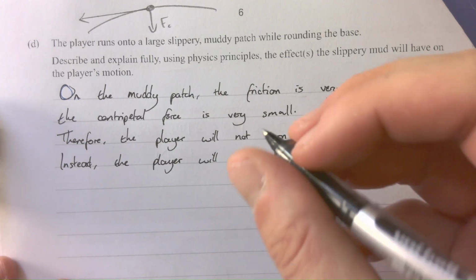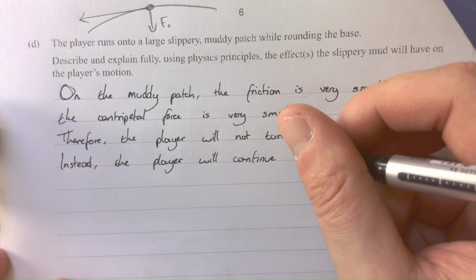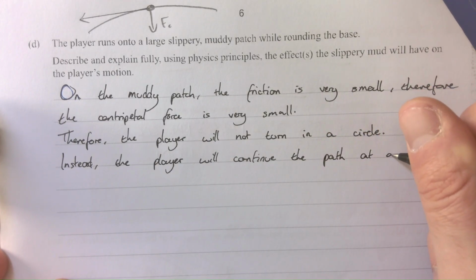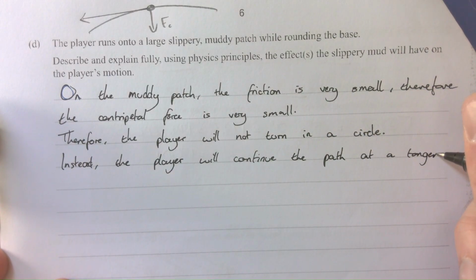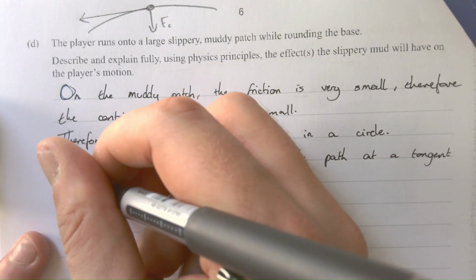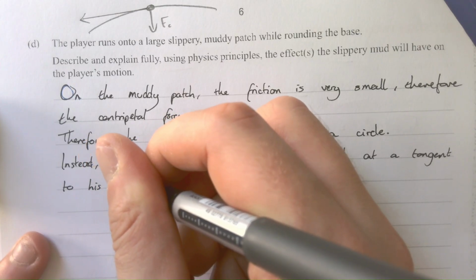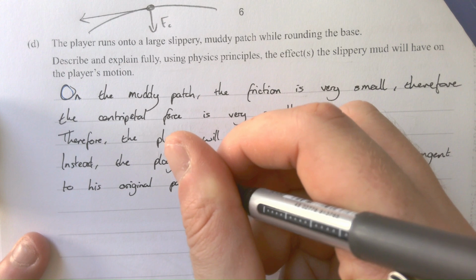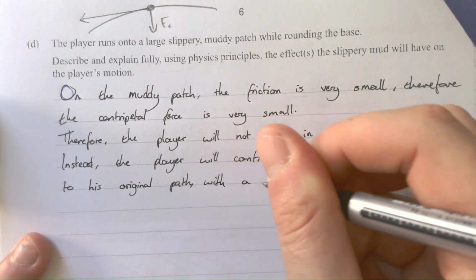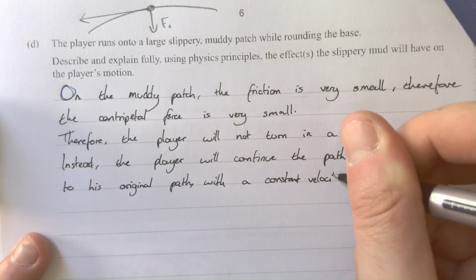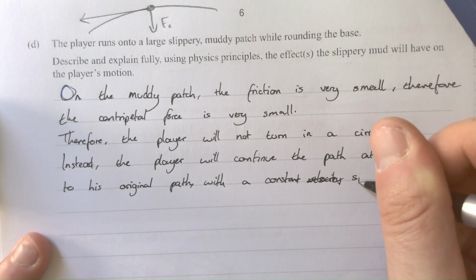Instead, the player will continue the path at a tangent to his original path with a constant speed.